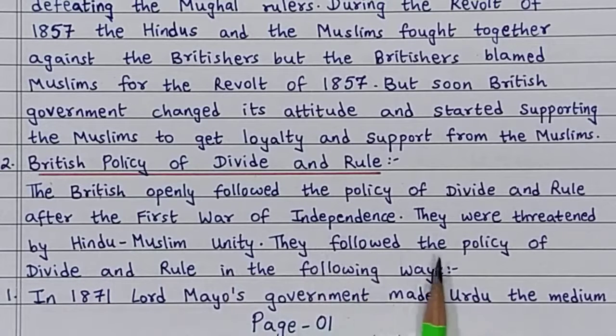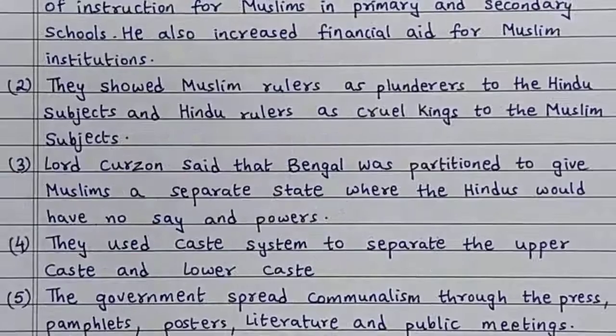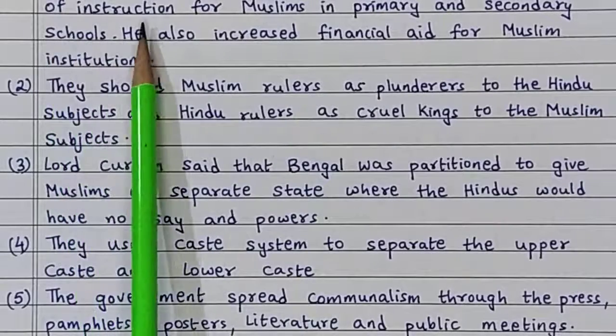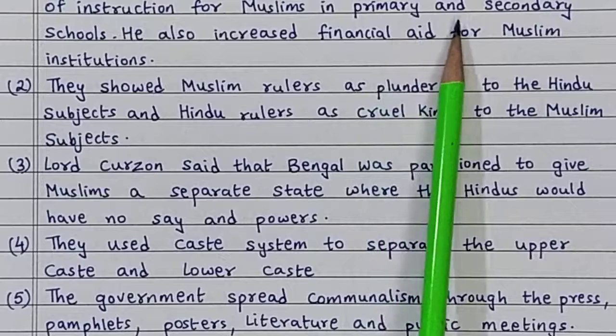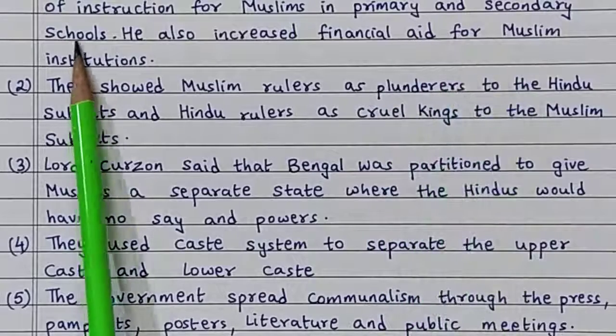They followed the policy of divide and rule in the following ways. Number 1. In 1871, Lord Mayo's government made Urdu the medium of instruction for Muslims in primary and secondary schools.